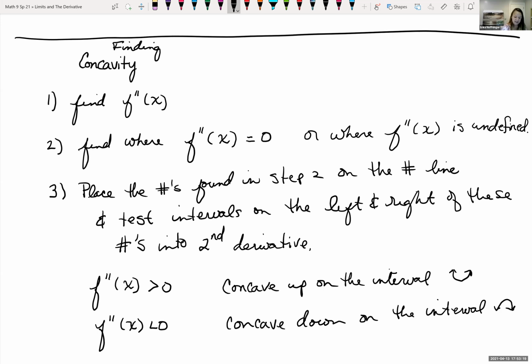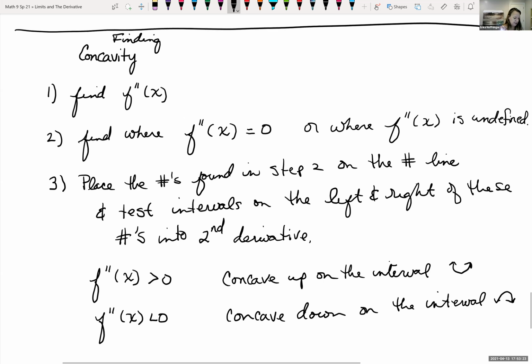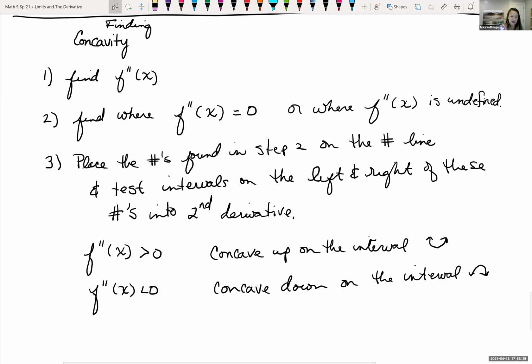If it's defined at that critical number in our original function, where it was equal to 0, then that's where it's changing concavity, and that's an inflection point. So to find inflection points, you're going to plug that value of x back into the original function.